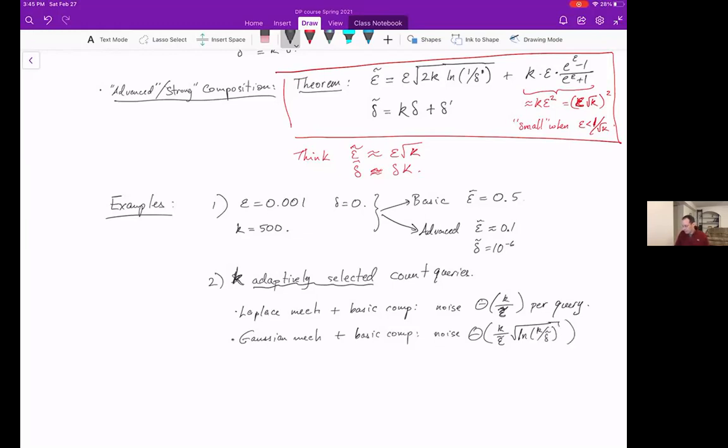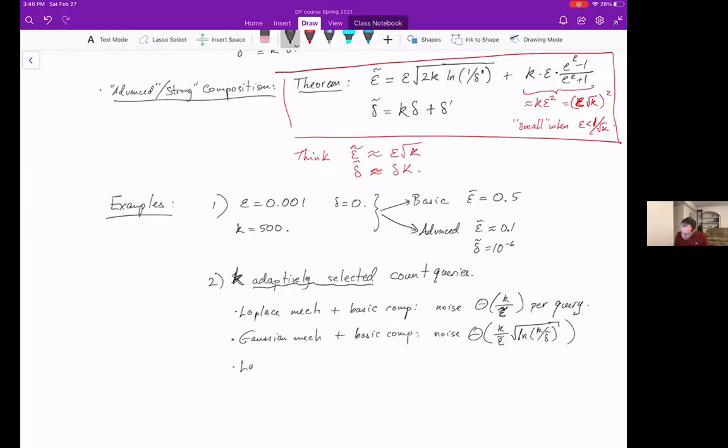Again, that's because if you're using basic composition, you'd set the epsilon parameter of the basic Gaussian mechanism to be something like epsilon tilde over k, and then this is the kind of behavior you'd get.